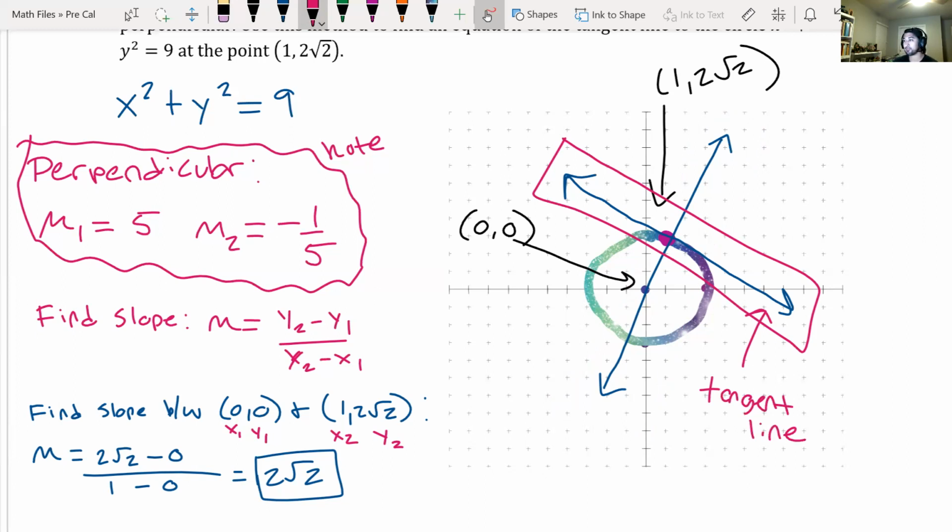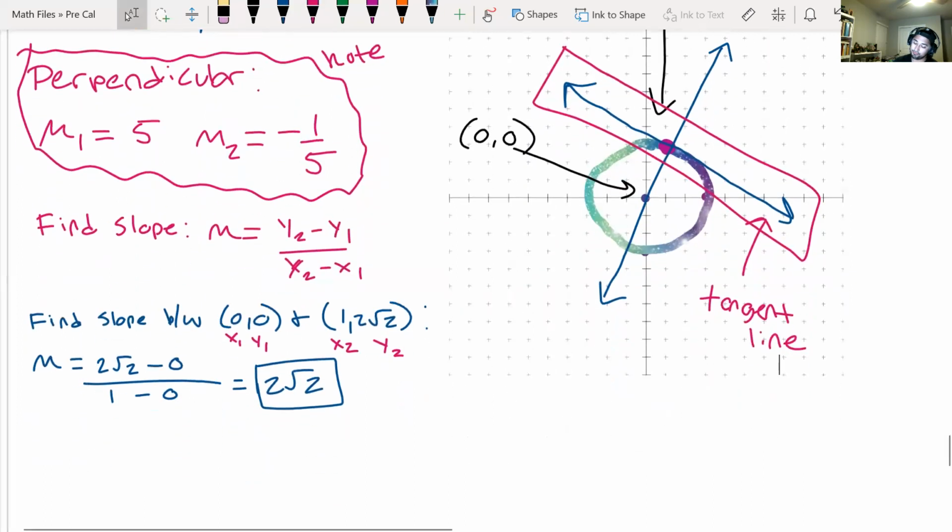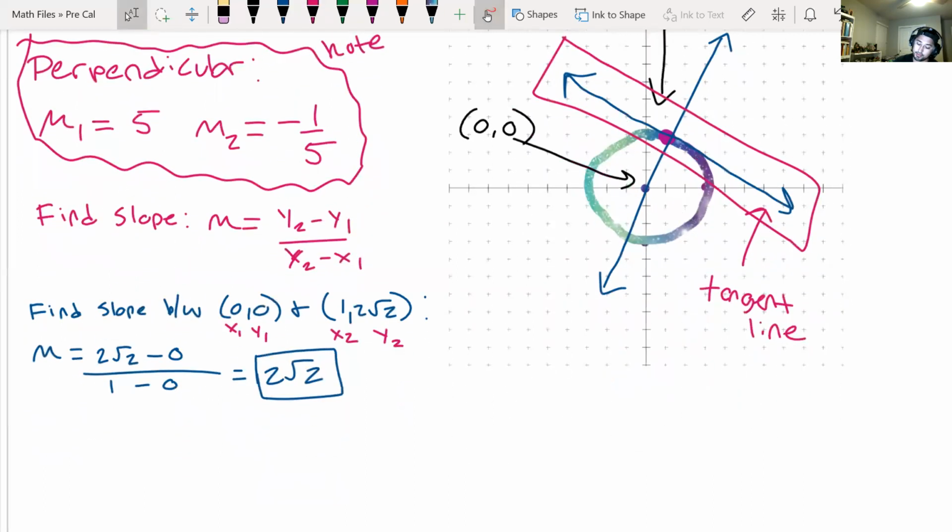So now we can go to point slope form, right? You got it. So this means that now we are going to find the equation of the tangent line.